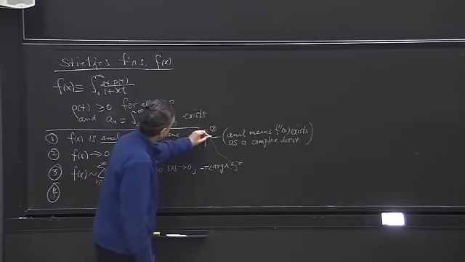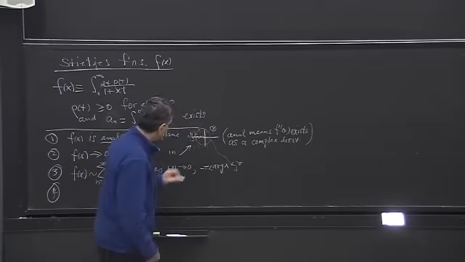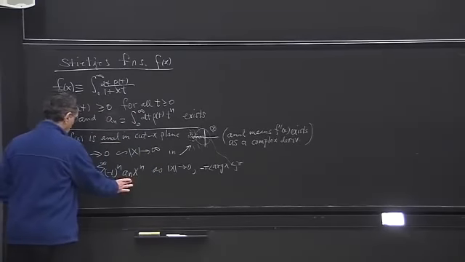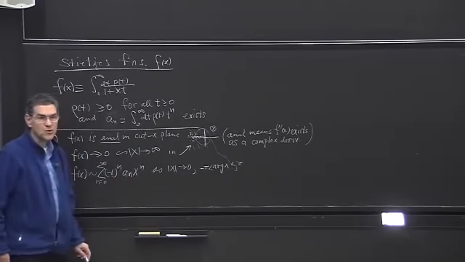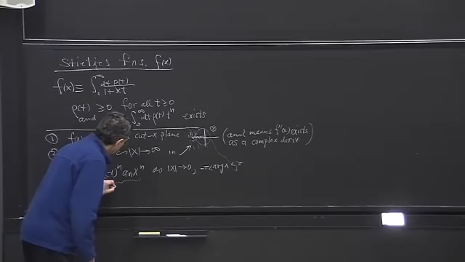So if you go all the way up to here, you're at an angle of pi, and if you go all the way down to here, you're at an angle of minus pi. As you go to 0 in any direction, this series is asymptotic to that function, and this series is called a Stieltjes series.